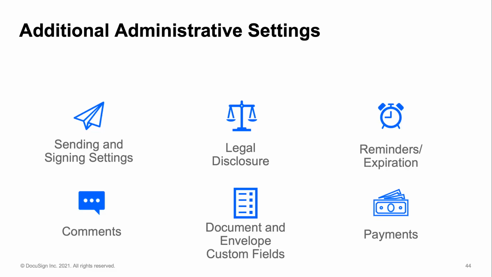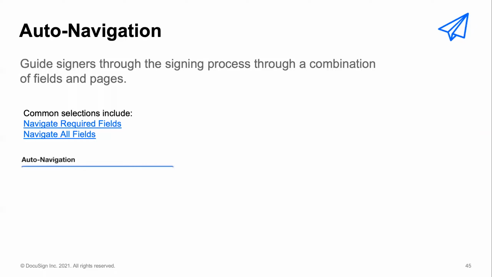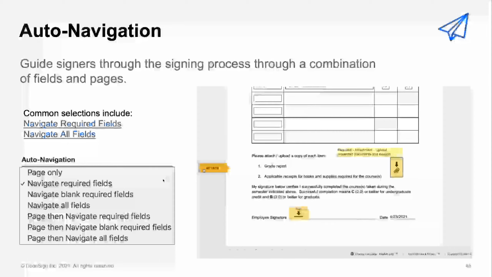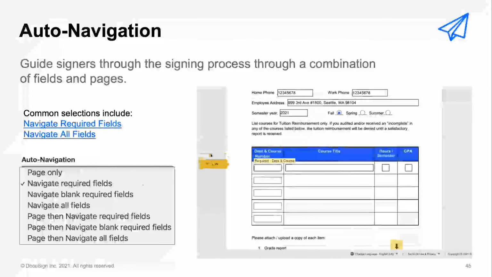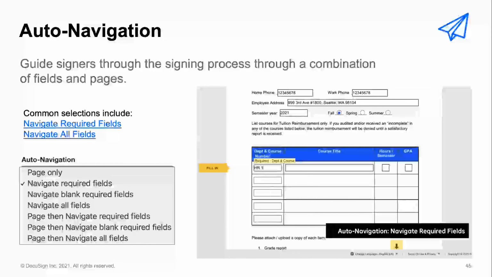So let's start with sending and signing settings. The first setting that I want to mention is auto navigation. This feature is a helpful tool for you as an admin to enable. What it does is it allows your recipients to be guided through the signing process. For example, you can see in this first snippet, the recipient is being navigated through the required fields.